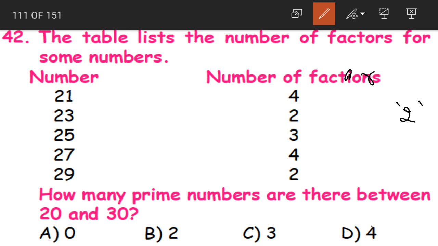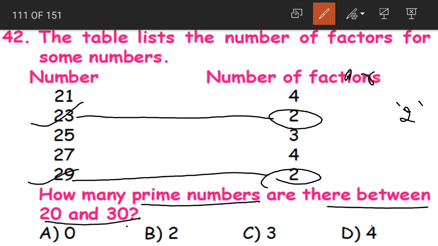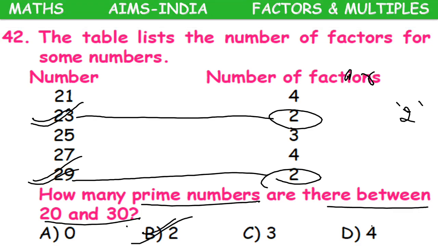So from the given numbers only 2 numbers 23 and 29 are having 2 factors. So what does that mean? 23 and 29 are the prime numbers between 20 and 30. We are having 2 prime numbers. Option B, 2 is the correct answer.